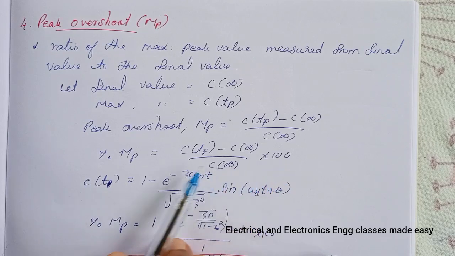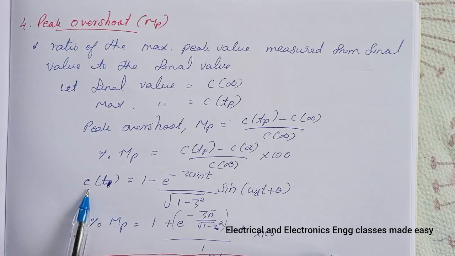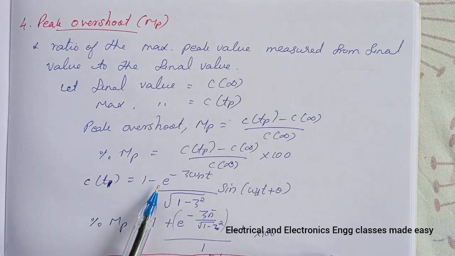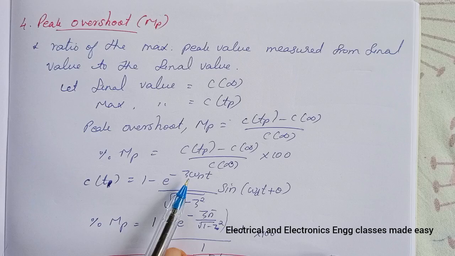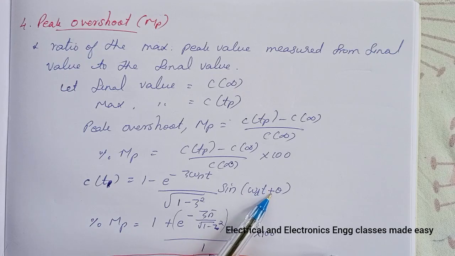And it is obtained from this expression, where we have the response C of t equal to 1 minus e raised to minus zeta omega n t divided by square root of 1 minus zeta square into sine of omega d t plus theta.